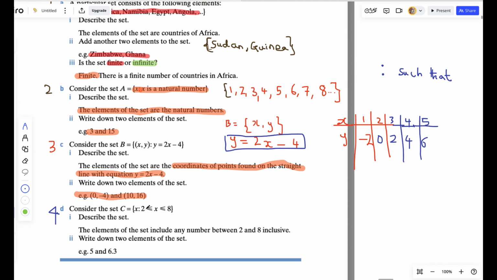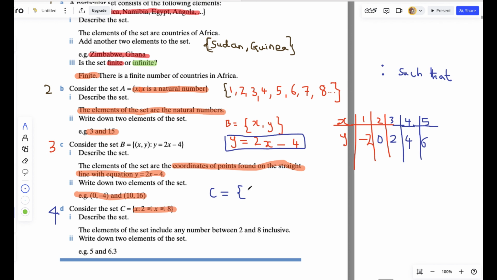Now let's take a look at it. Consider set C, and set C equals x such that, and you now read this inequality: x is less than or equal to 8 and greater than or equal to 2.